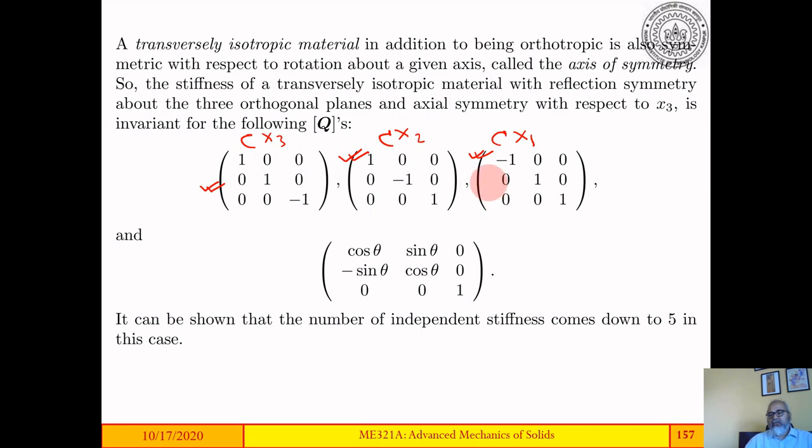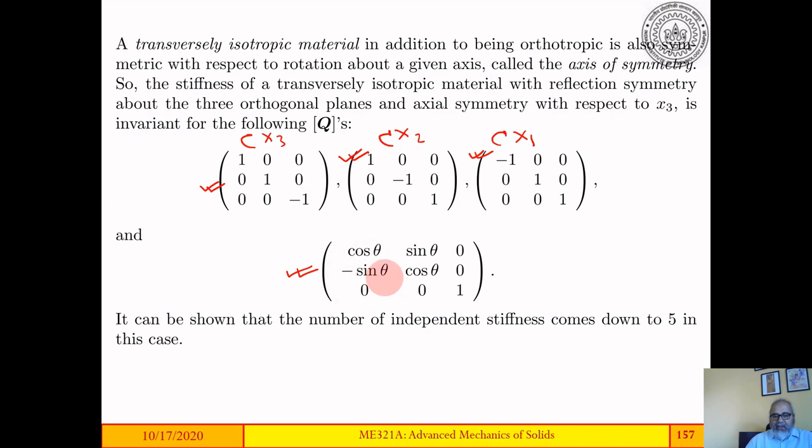And these three rotations did not change the components of the stiffness matrix, and that led us to the conclusion that the number of independent components should be 9. Now, in transversely isotropic material, we have the additional thing that a rotation of the axis in the x1, x2 plane also does not change the components of CIJKL.